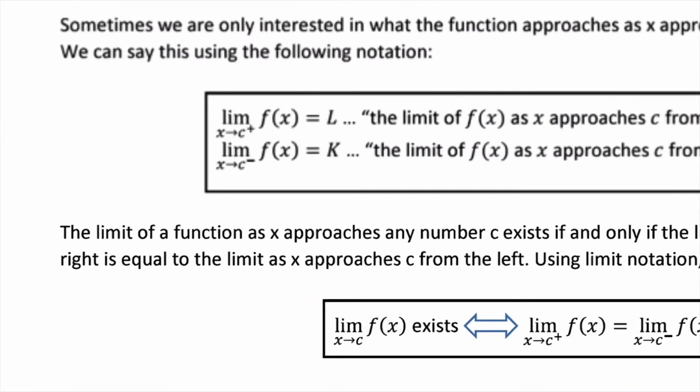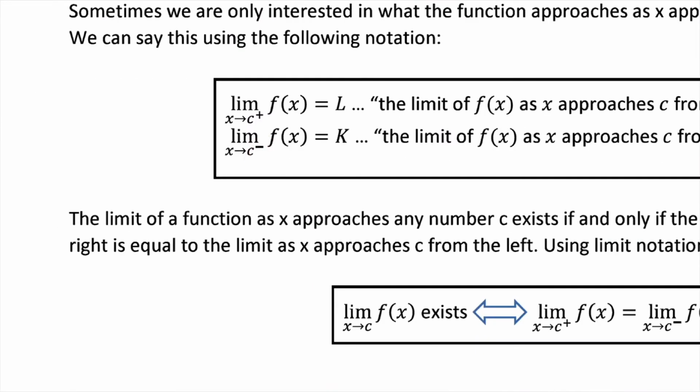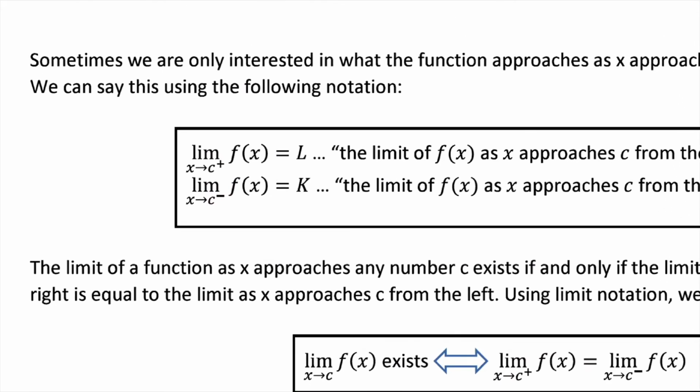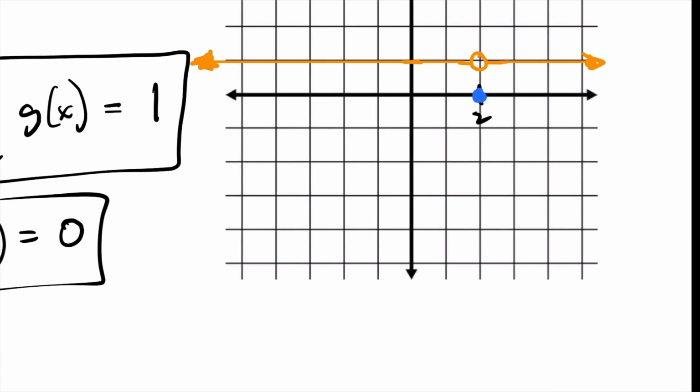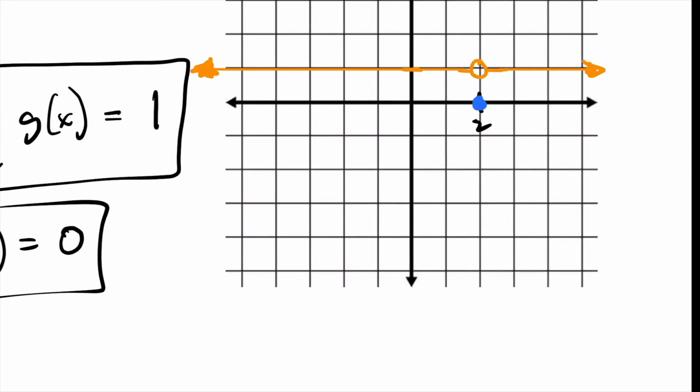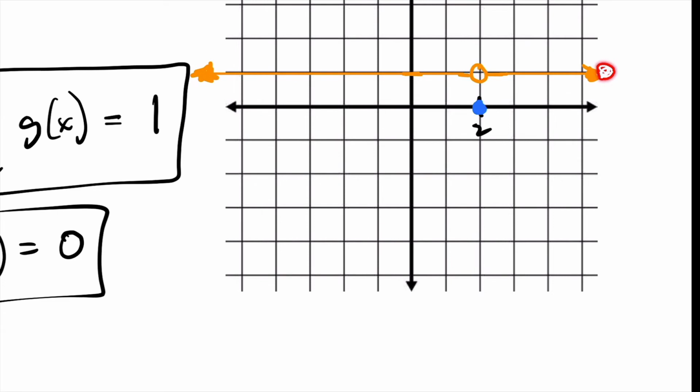If it's got a little minus, that means you're coming from the left side. Sometimes students turn that around. I had students say, well, I'm going left, isn't that negative? Yeah, you're going that way, but you're coming from the positive side. It's where you originate from.